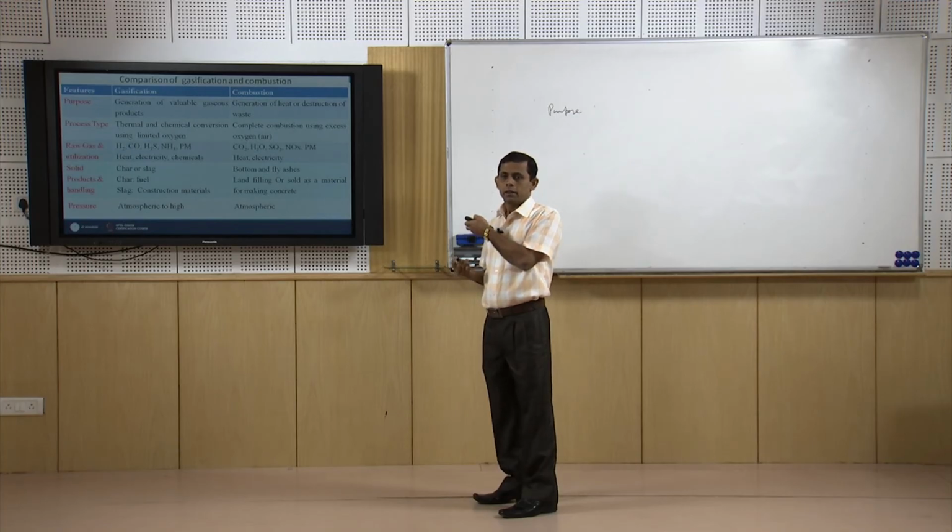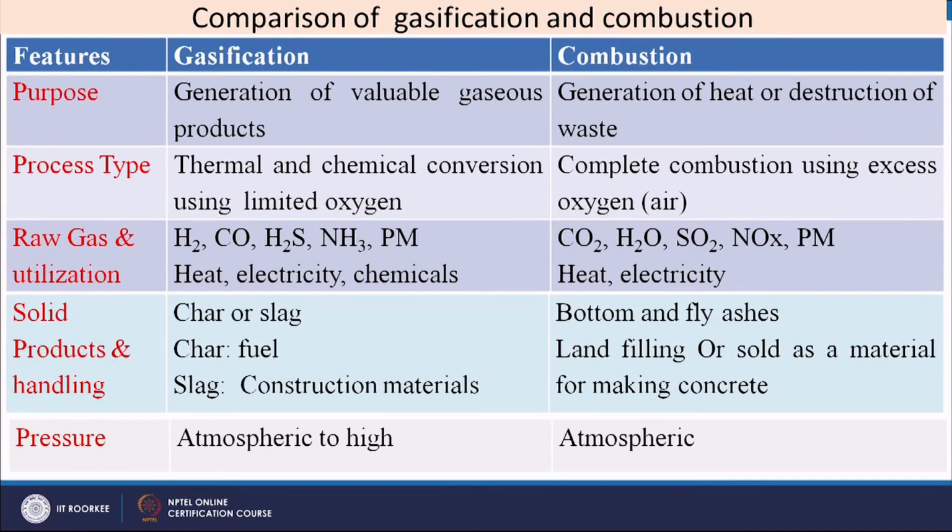Gasification is to produce a gas having intermediate heating value, and combustion is to produce flue gas and to extract heat from the waste material. Both are thermal processes, but gasification takes place with a controlled amount of oxygen, whereas combustion uses excess oxygen. We have discussed the R value in the previous module.